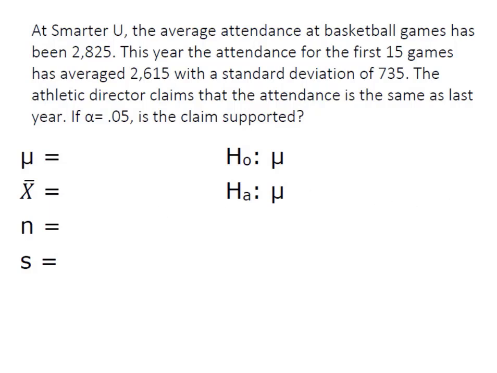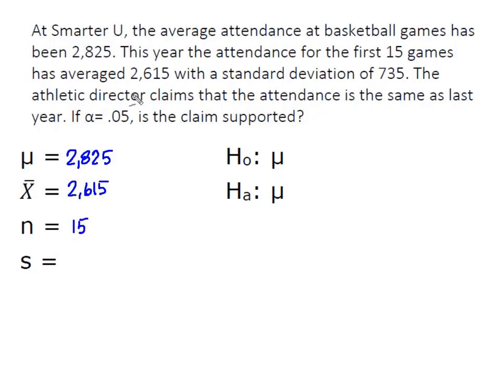So the first thing I'm going to do, even before I go to Minitab, I'm going to go ahead and gather up my information. So we're given that the average attendance is 2,825. X bar, or the sample mean, this year we've averaged 2,615, and we have a sample of 15 games.